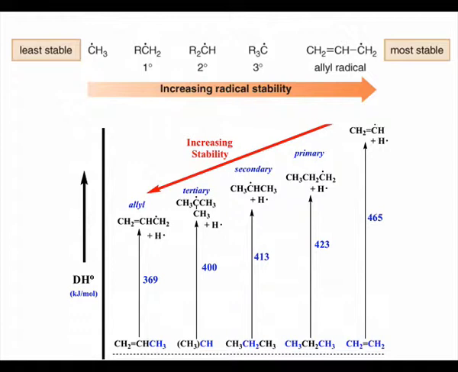A cation is missing 2 electrons from the octet, whereas a radical is only missing 1, right? And so what you see in terms of stability follows exactly what you'd expect for a carbocation. Methyl being the least, primary, secondary, tertiary, and then the allyl. And why is the allyl more stable than a tertiary? Because of resonance. Remember, resonance trumps.